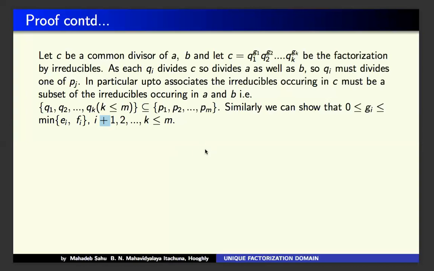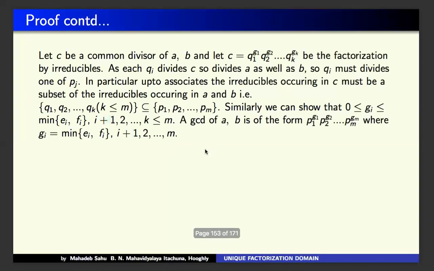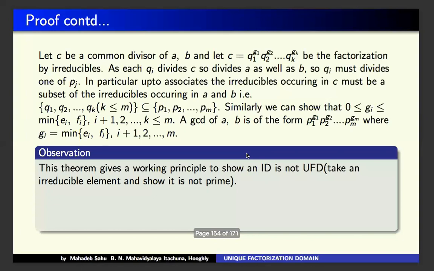Okay. And what is the GCD? You can very easily say that the GCD is nothing but the minimum of Ei, Fi, because GCD is the greatest common divisor. So you must take the equality for it.